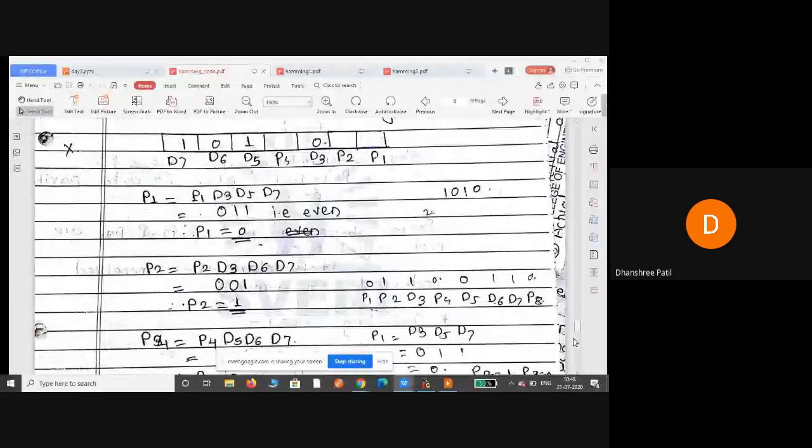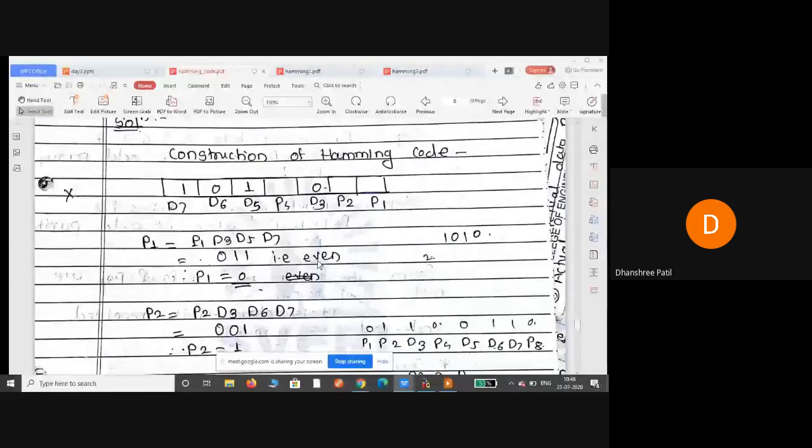Now let's start calculation of these parity bits. So as I told you, if I have to calculate the value of p1, how can I calculate? Check 1, skip 1, check 1, skip 1, check 1, skip 1, check 1, likewise. So what should I consider over here? P1, D3, D5 and D7. Okay, now value of P1 we have to calculate, so leave it. But we have the values of D3, D5 and D7.